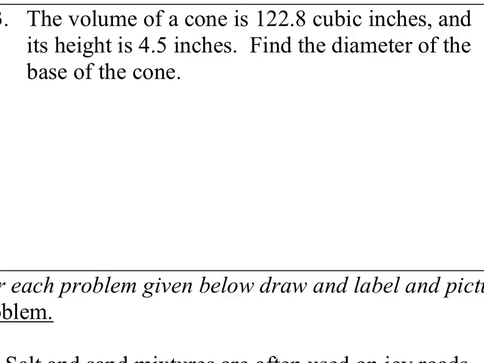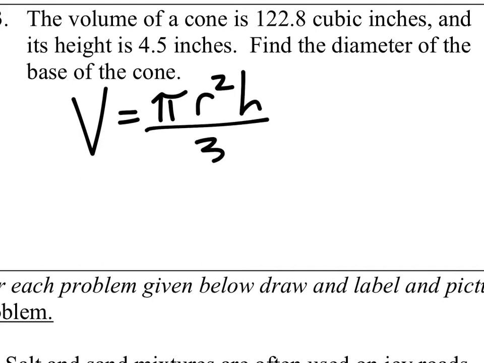The volume of a cone is 122.8 cubic inches. Let's write out the formula first: pi r squared times the height, over 3. We've been given the volume, which is 122.8, and the height is 4.5 inches. So I'm going to replace the height with 4.5.